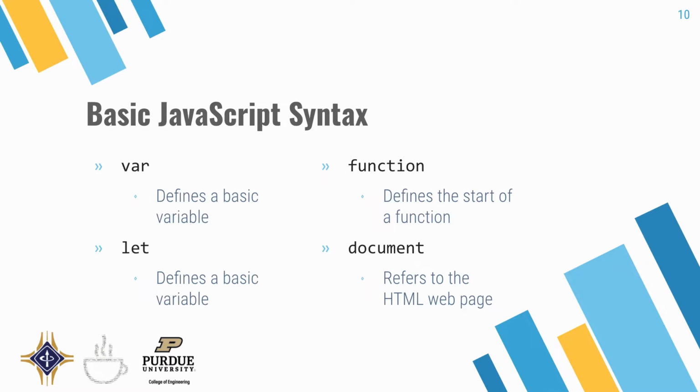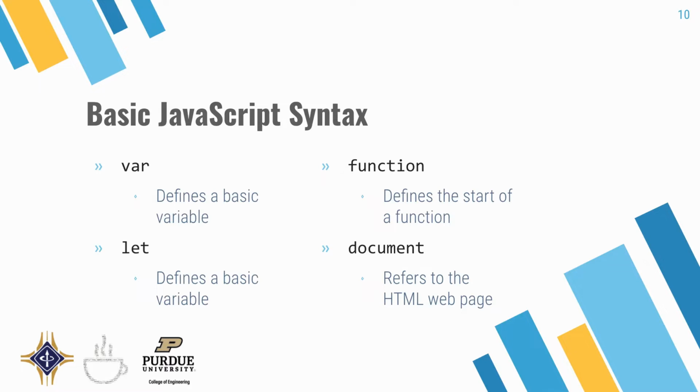That's how you can create a lot of your logic and code reusability, so you're not writing the same thing over and over. You create a function that does a certain task, and then you can call it to reuse the same functionality. And then document is important for actually connecting to the HTML. You can do logic in JavaScript, and when you want to actually modify, change, or interact with any of the HTML, you can use the document keyword, and that will allow you to connect with it.